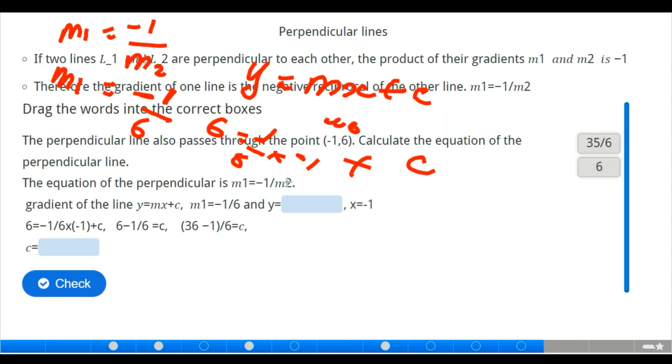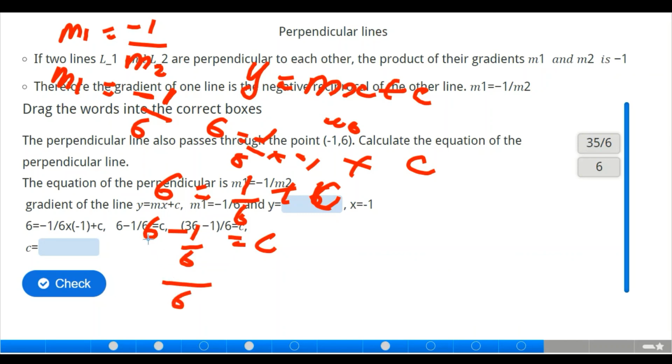So we have 6 equals 1 over 6 plus c. So 1 over 6 comes to the other side. We have 6 minus 1 over 6 equals c. Having done that, we find the LCM. The LCM is 6. So 6 can go in 6 one time, how many times? 6 times 6, that's 36, minus 1 times 1, that is 1, equals c.